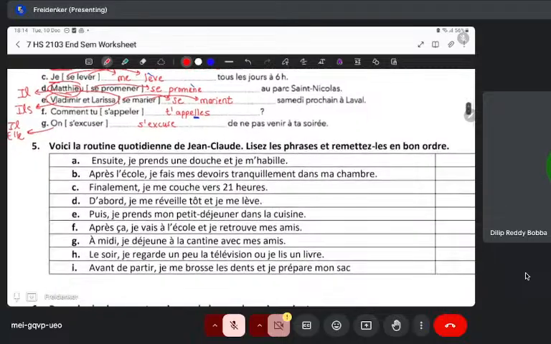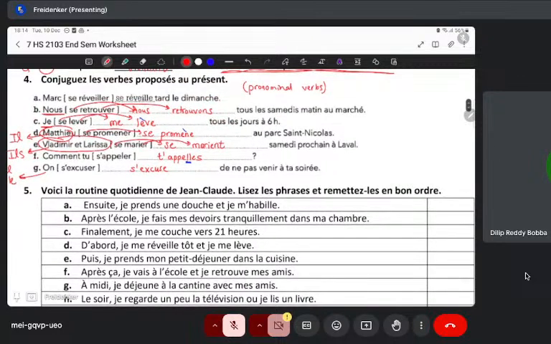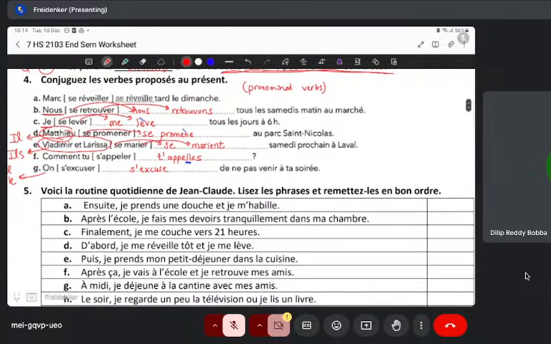Okay. So je me lève is I get up. Matthew se promène means Matthew goes for a walk. Vladimir and Larissa se marient means they marry each other. Marry each other again. See, they're marrying each other.